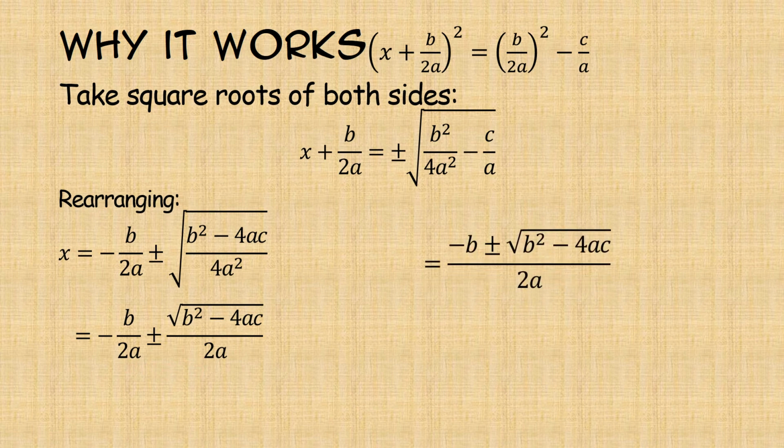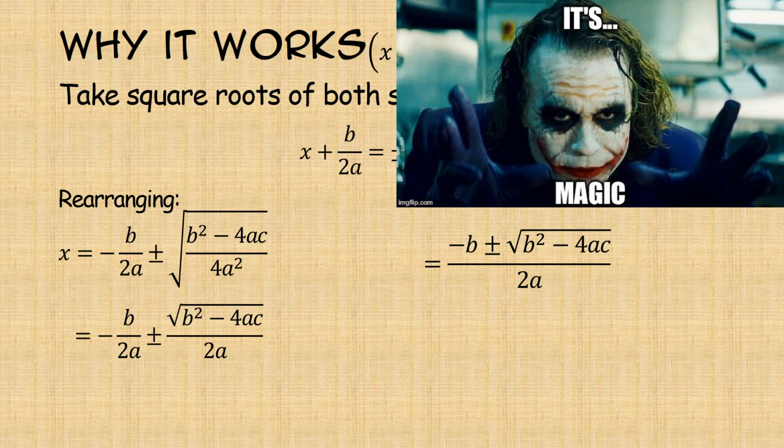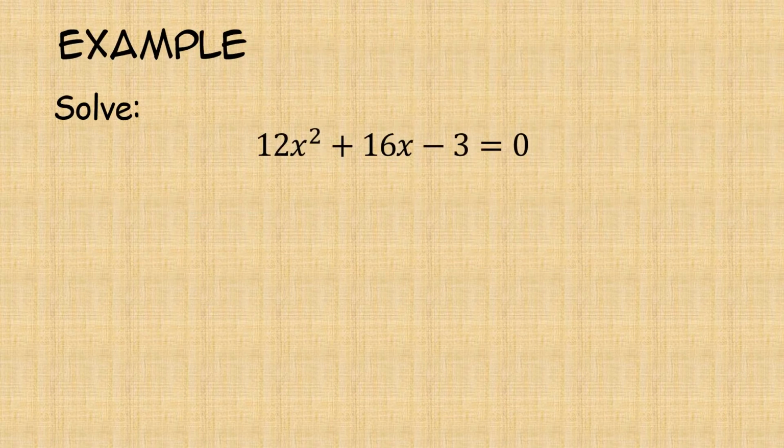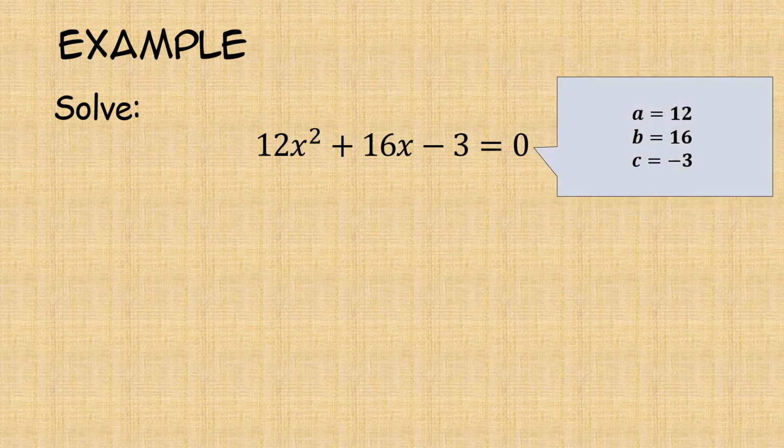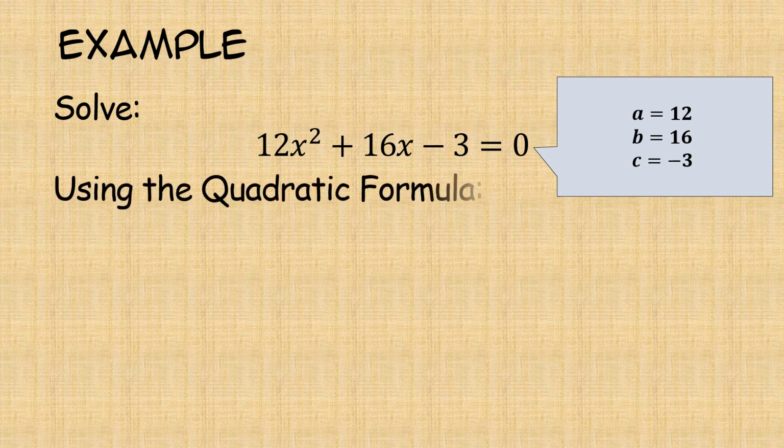Now, let's go through some examples. Let's take 12x squared plus 16x minus 3 equals 0. We want to find the two values of x that satisfy this equation. So our a is 12, our b is 16, and our c is negative 3. Using the quadratic formula, you just have to plug in the values of a, b, and c into the formula.